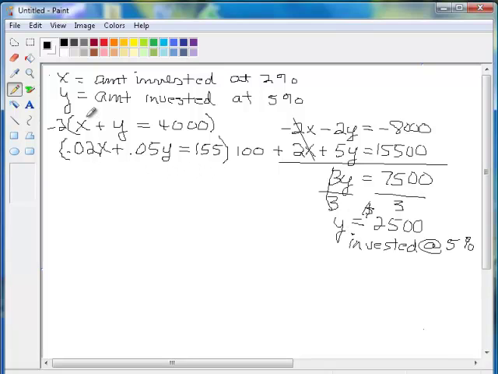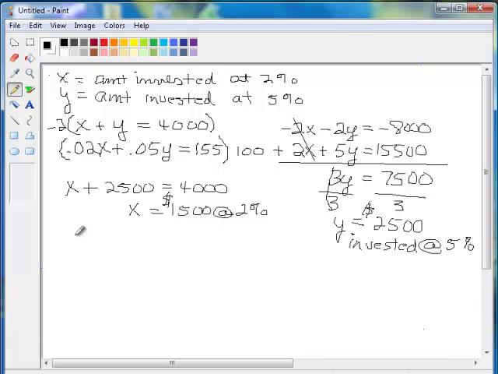Now we still haven't found how much is invested at the 2%, so I'm going to go back and use this first equation, substitute what I found for y, so I'll have x plus 2,500 equals 4,000, and subtract 2,500 from both sides and get that x is 1,500. Now x stood for the amount invested at 2%, and so there's my other answer.